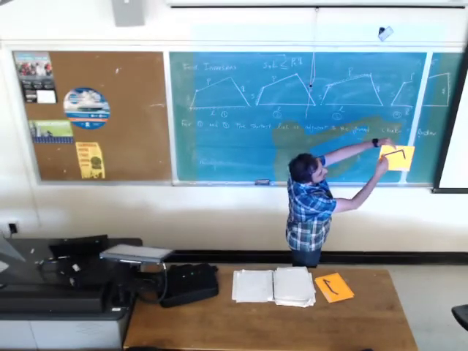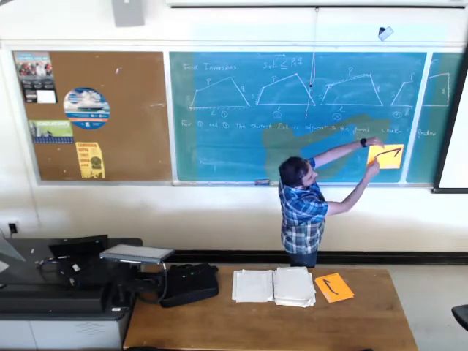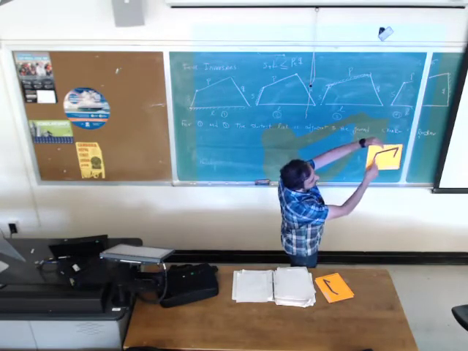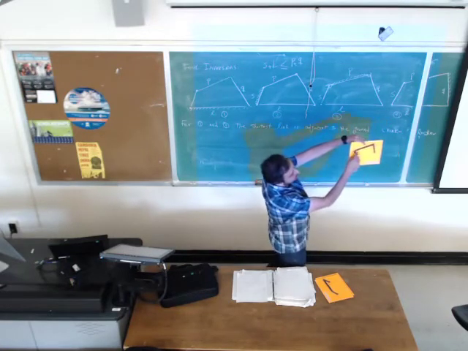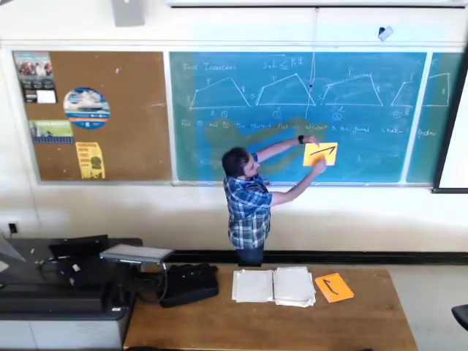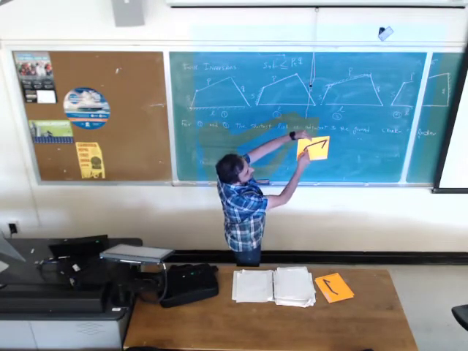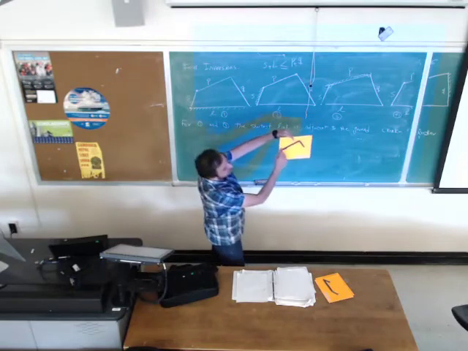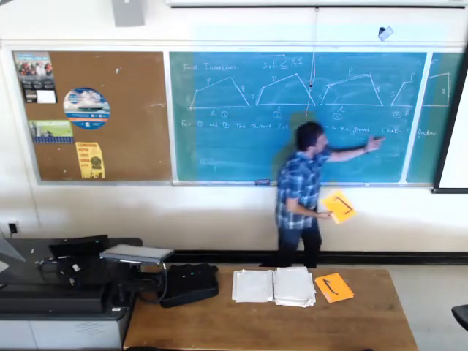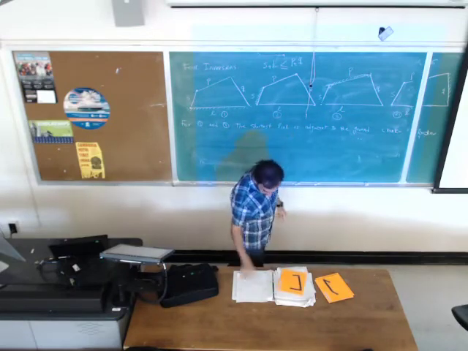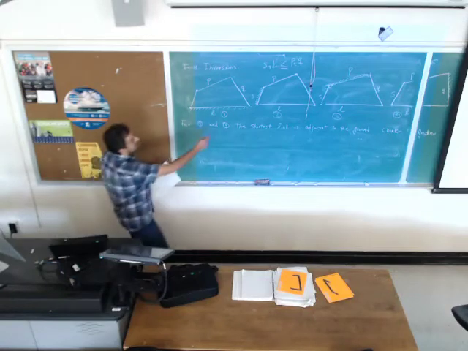When this mechanism is running, one link is a crank because it is connected to the ground and it can complete 360 degrees. The other link is a rocker because it is connected to the ground but it cannot complete 360 degrees, it can oscillate. So we are going to have crank rocker.